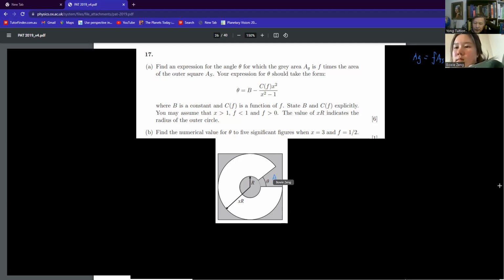F times, yes, that's the first equation. Your expression should take the form where B is a constant, and C and F are functions of x. It's the area of the outer square. What is the outer square? The whole square, right?